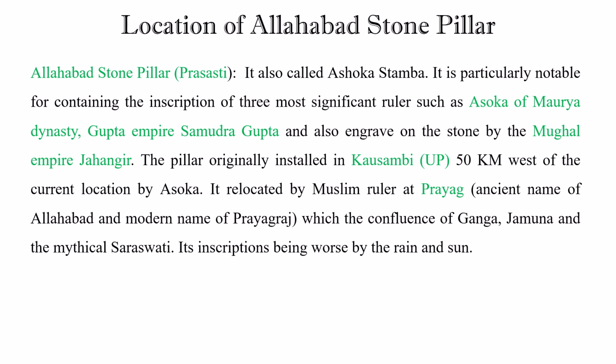The pillar was originally installed in Kaushambi by Ashoka, 50 km west of the current location, and after that it was relocated by a Muslim ruler to Prayag, which is the confluence of the Ganga, Yamuna, and the mythical Saraswati river. But the most important thing is that the inscription is day by day eroded by the rain and sun.